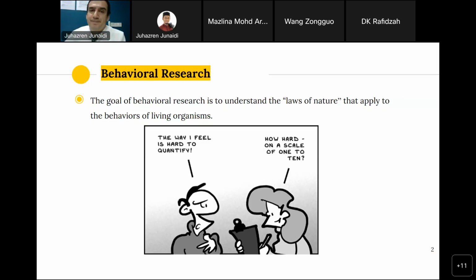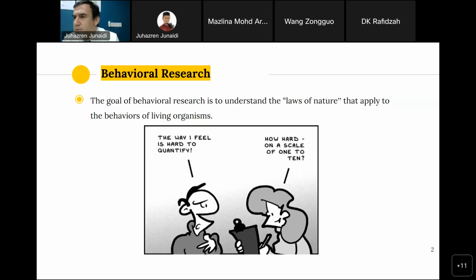But we need to measure them. So how are we going to measure? We can measure how many times somebody is laughing when there is some kind of joke. We can measure the face movements. We can measure the body movements. We can also measure their feelings. How can we measure them?